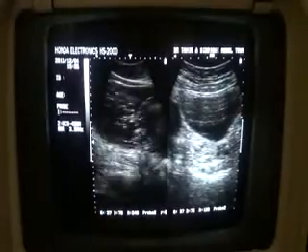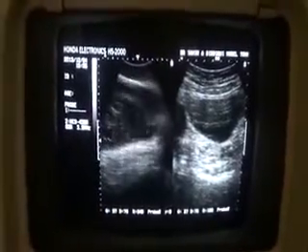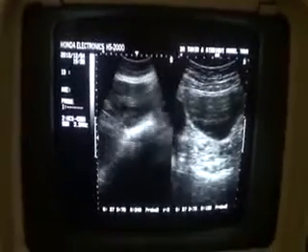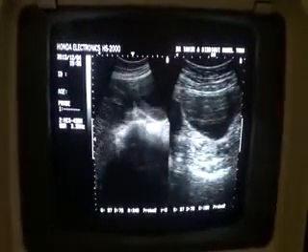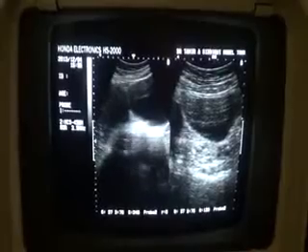This reaches up to the right hypochondrium. This is the urinary bladder in longitudinal section.